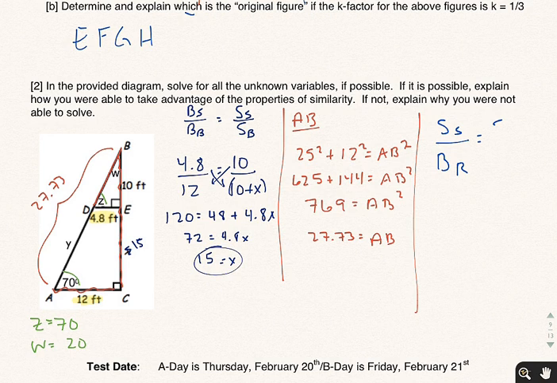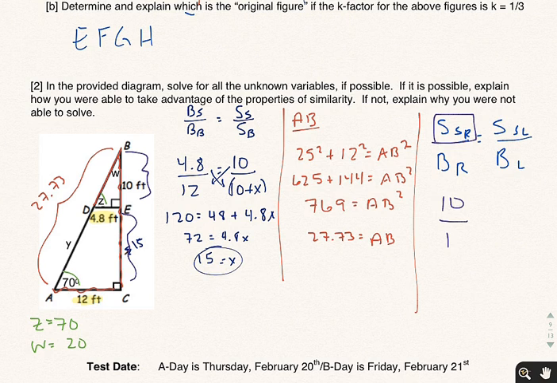Should be the same as side of the small triangle on the left as bottom on the left. So I know that was a little confusing. Let me kind of explain what I just did. So the side of the small triangle on the right is going to be that, so 10. And then bottom on the right is going to be 15. Should be in the same proportion as the side of the right.